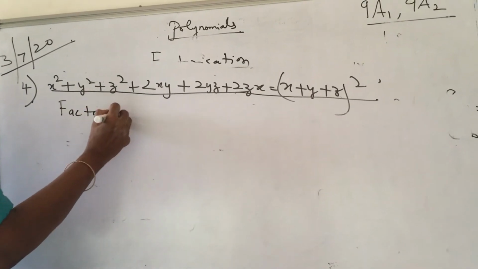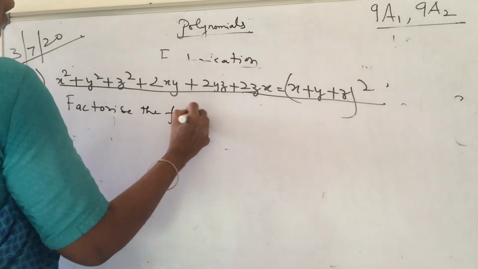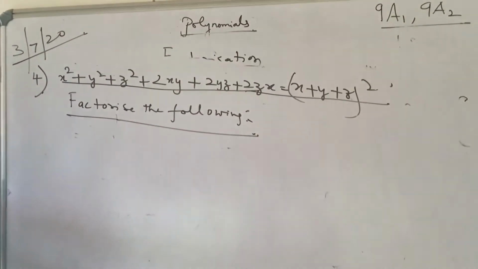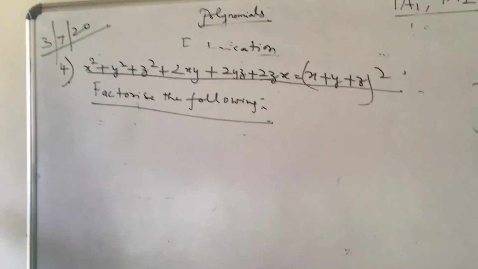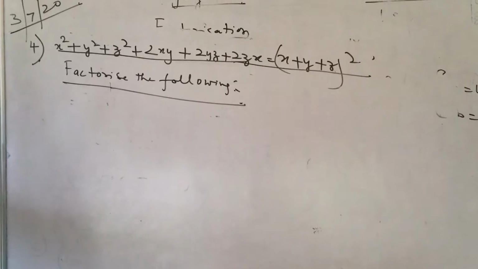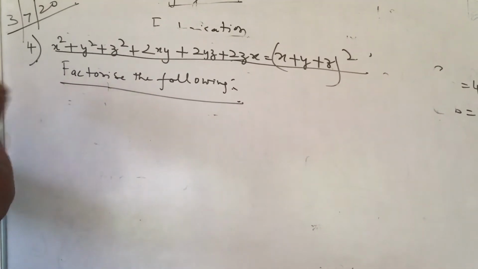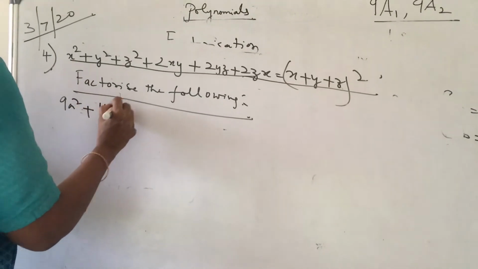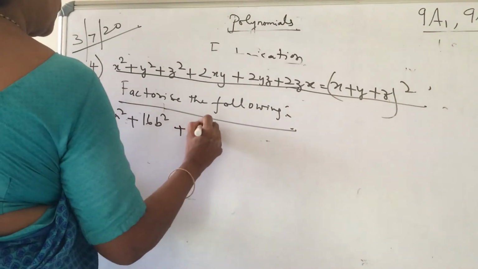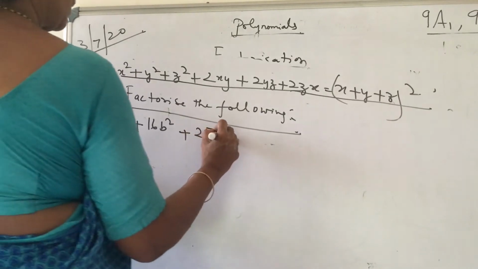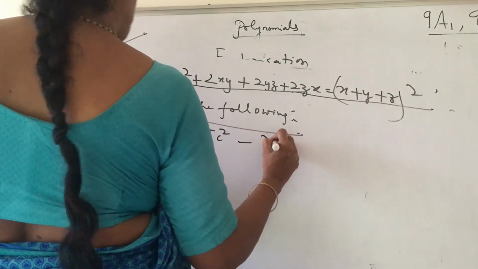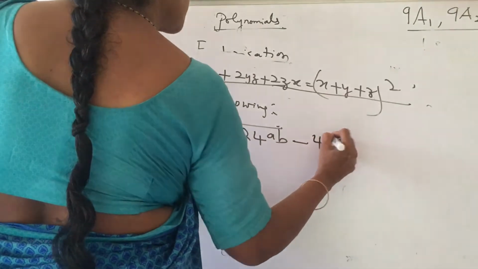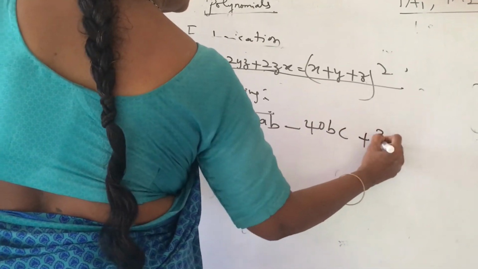Factorize the following. 9a square plus 16b square plus 25c square minus 24ab minus 40bc plus 30ac.